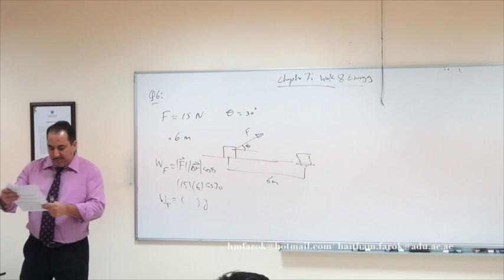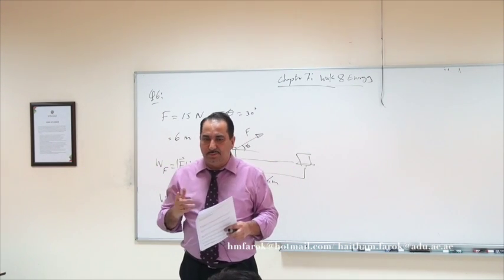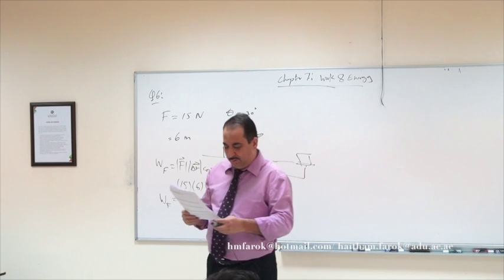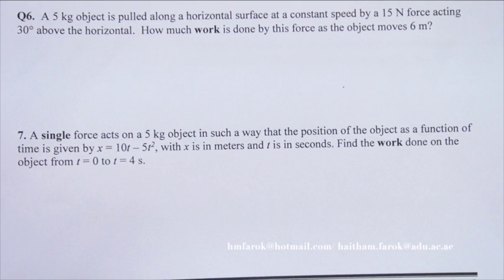Now the next question, question 7. Some of the questions I just give you the idea how to do them, yeah? Not solving them. Like question 7. Look at question 7. A single force acting on 5 kilogram mass. So we have a single force on mass 5 kilogram object in such a way that the position of the object as a function of time is this.